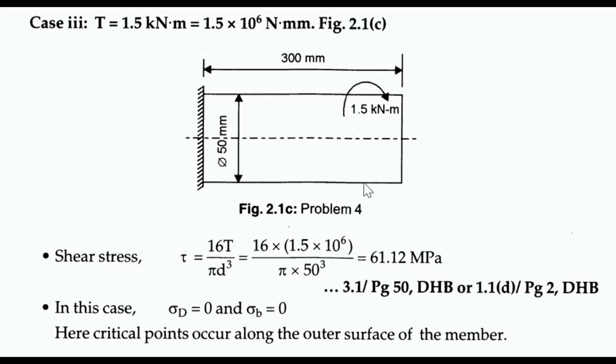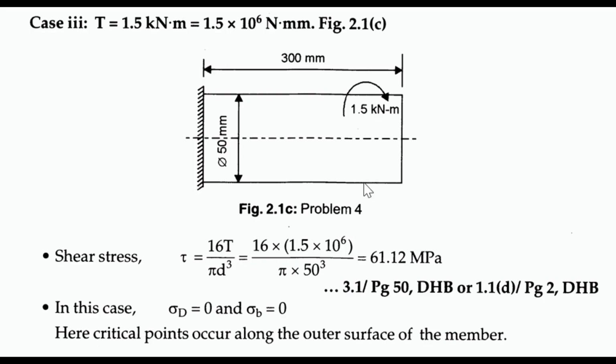So shear stress is given by the formula tau equals 16T by pi d cube. Torque we have in kilonewton meter, we have to convert into Newton mm, so multiply by 10 raised to 6. So 16 into 1.5 into 10 raised to 6, whole divided by pi into 50 cube. So the shear stress due to this torsional load will be 61.12 megapascal.